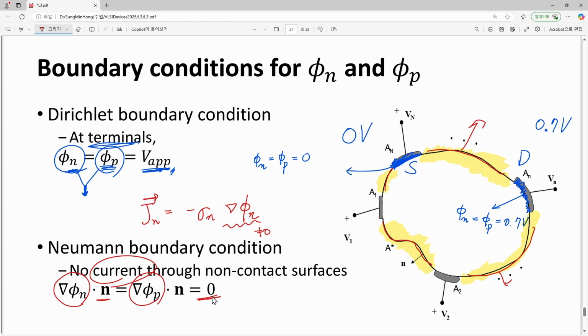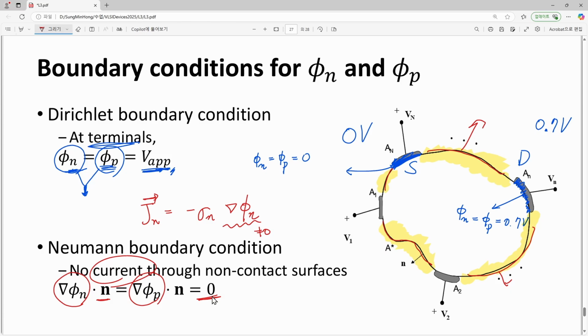Okay, let me just wrap up today's lecture 3. We have introduced drift and diffusion, and we have discussed some important scattering mechanisms and velocity saturation.